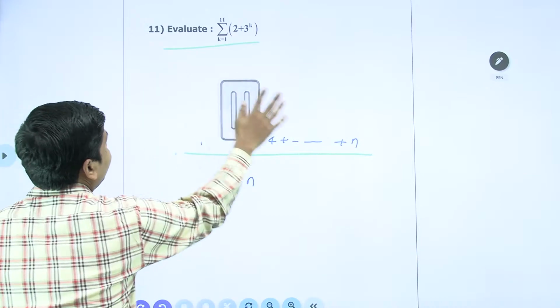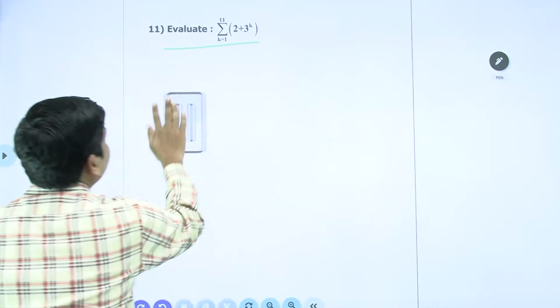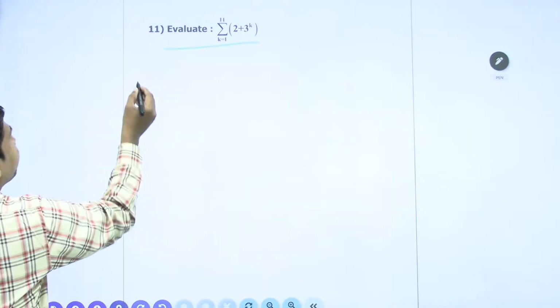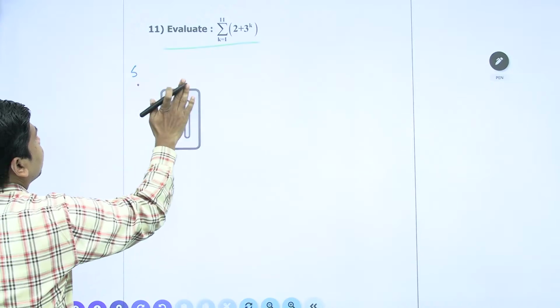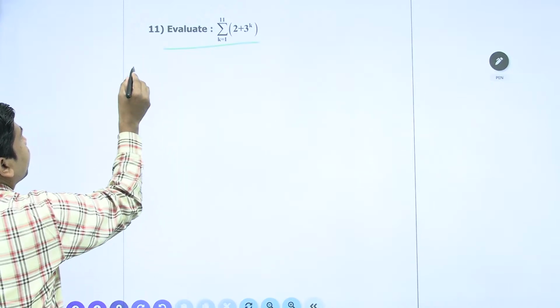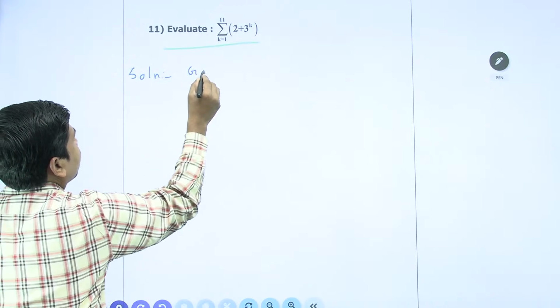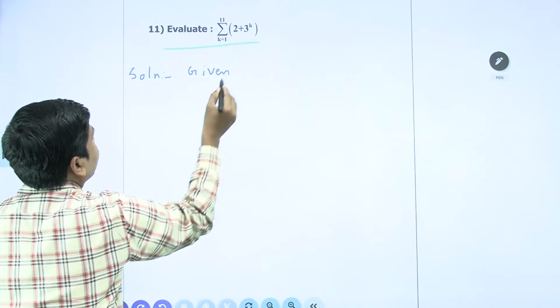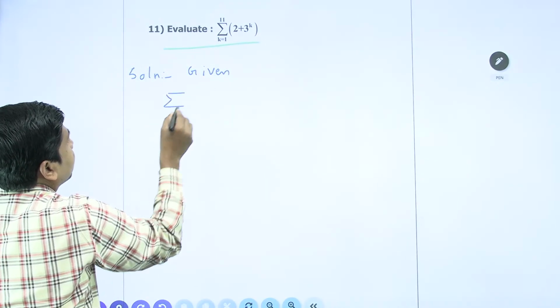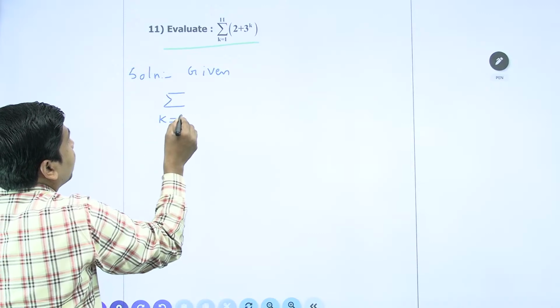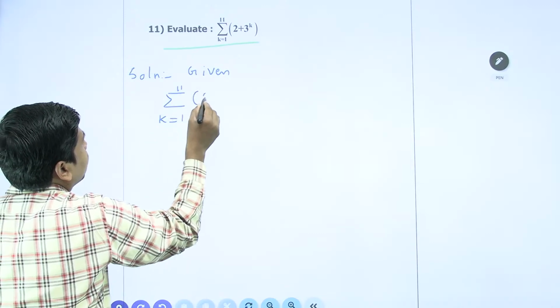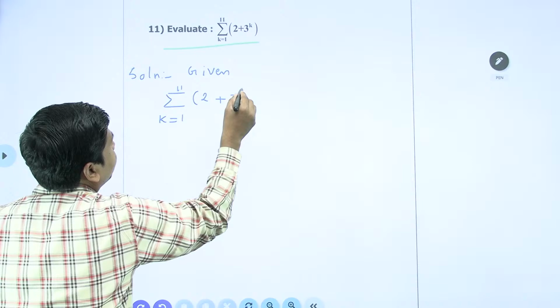Okay. Given summation k runs from 1 to 11, 2 plus 3 raised to k.